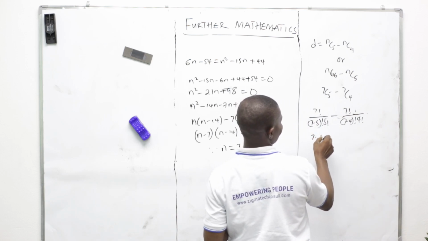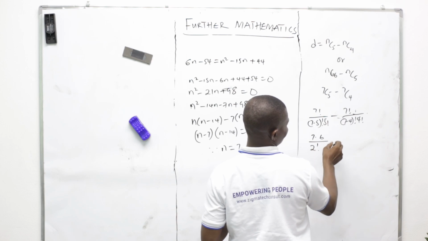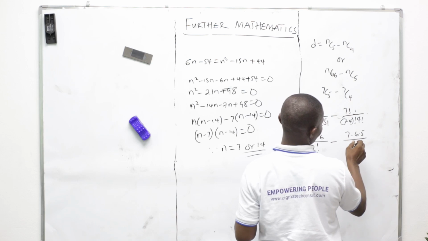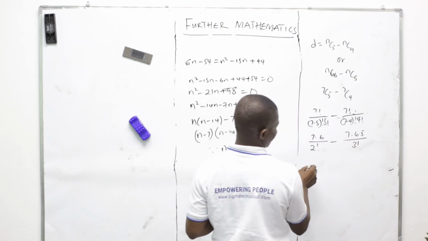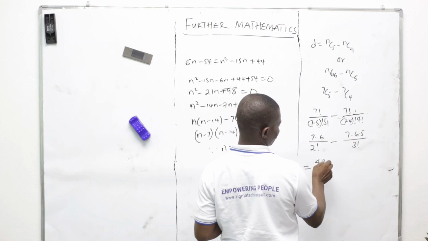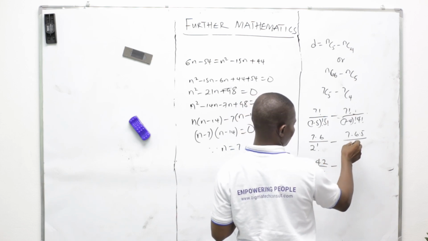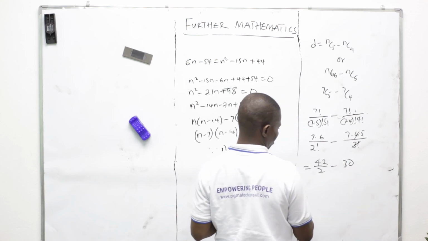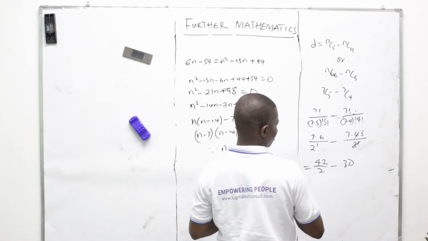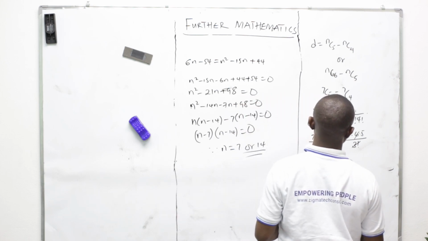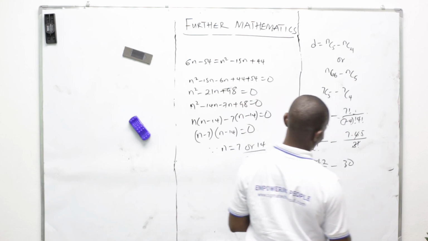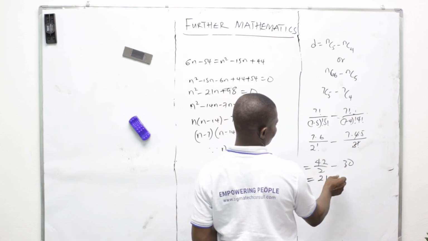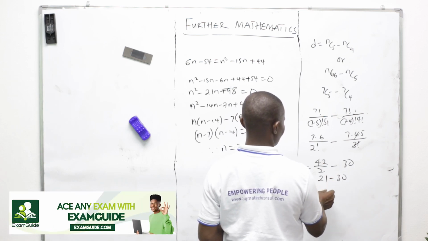This will give us 7.6 all over 2 factorial minus 7.6.5 all over 3 factorial. This is 42 all over 2, minus, this is 6, cancel, 30. That is 21 minus 30, d equals minus 9.